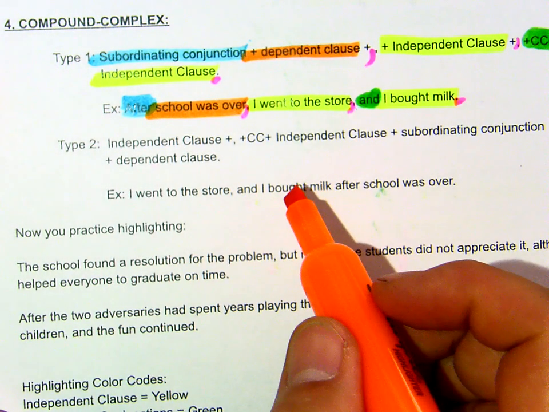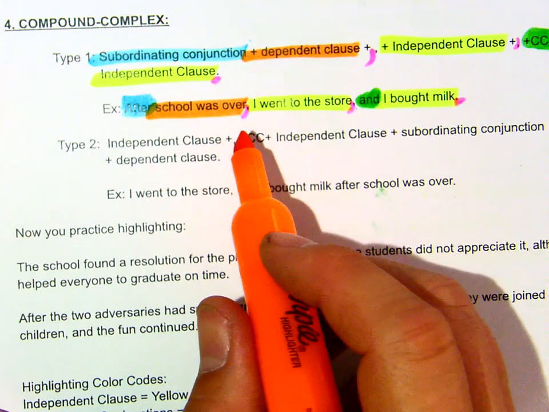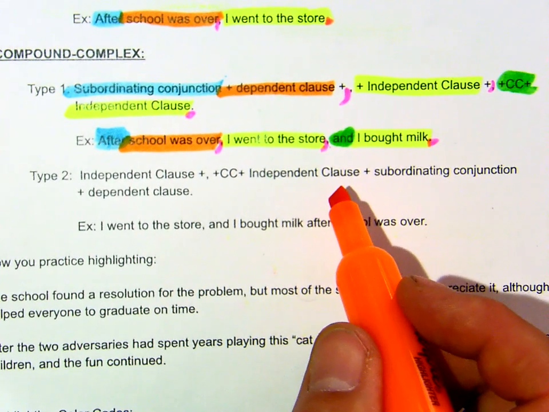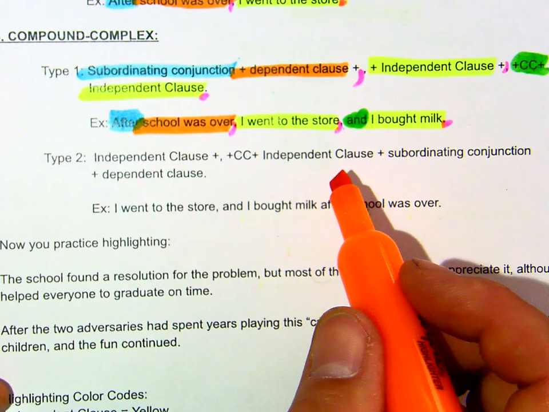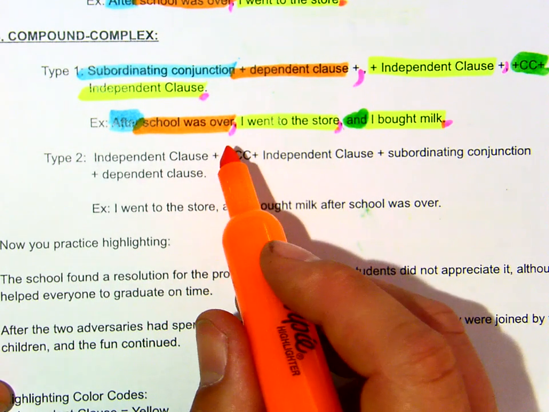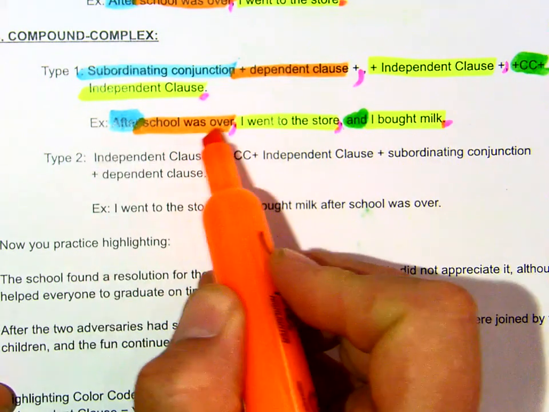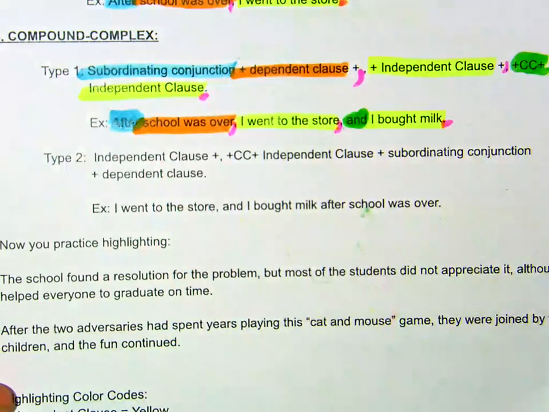Now, the same principle applies for type 2. If you want, you can flip this around and it would make sense saying it the opposite way. If you said first, I went to the store and I bought milk after school was over. And that's all type 2 is.